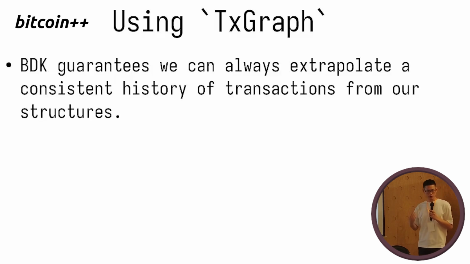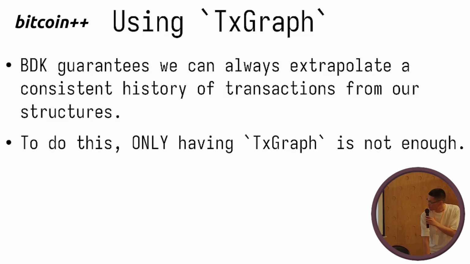So how do you use the transaction graph? One of the guarantees that BDK has is that you can always extrapolate a consistent history of transactions. Consistent history means a history where there are no conflicting transactions, or no two transactions that spend the same output.